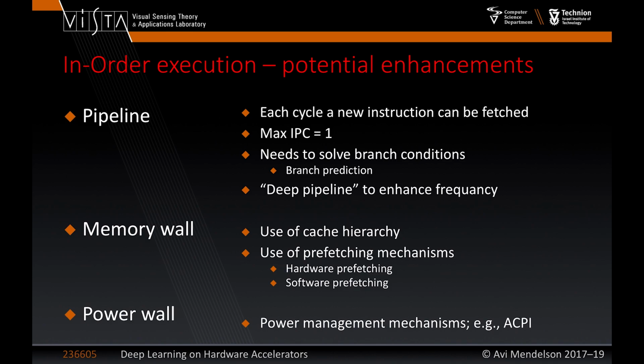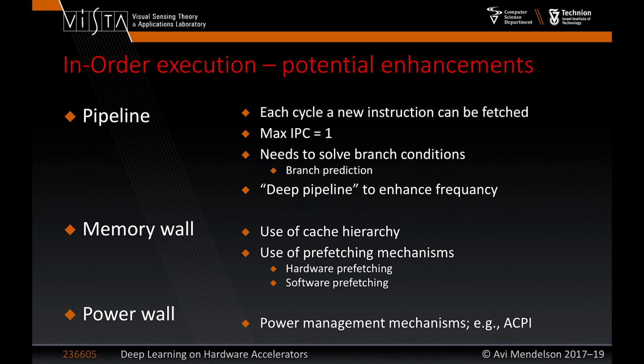This is a very simple prefetching mechanism, but we can also have software prefetching, where we ask the software, or the user, to tell us what is going to execute next, and then the compilers take care of it, the architecture takes care of it, etc.